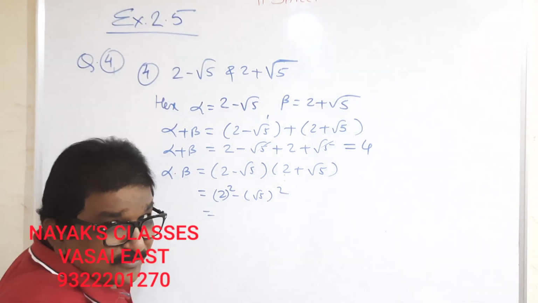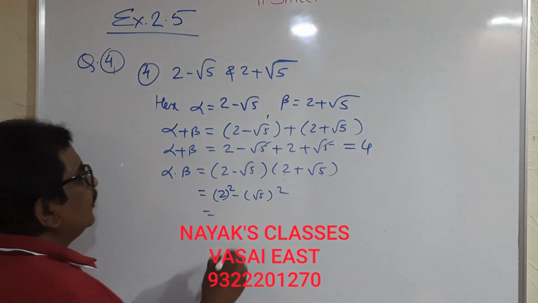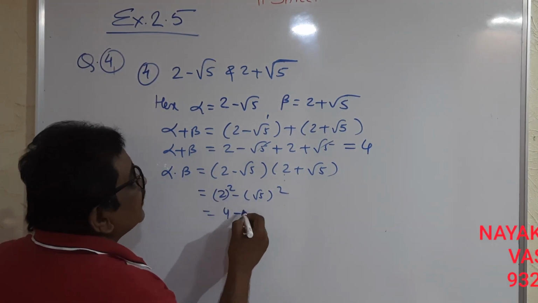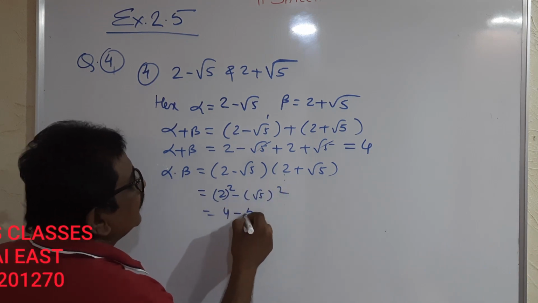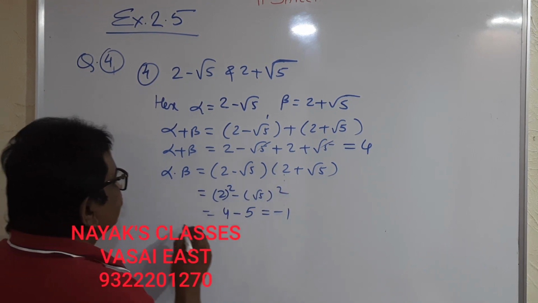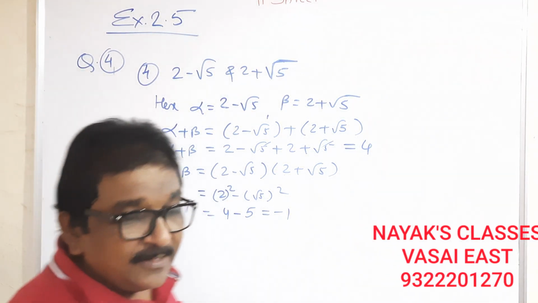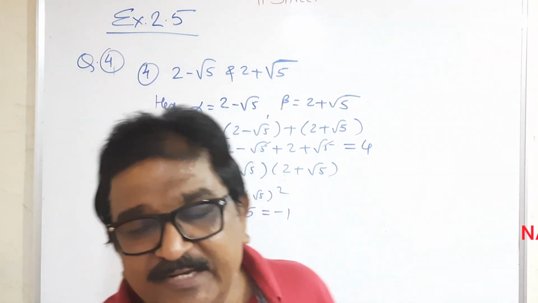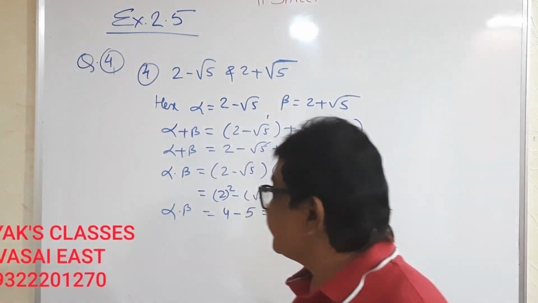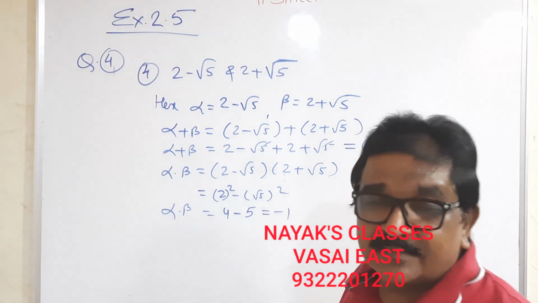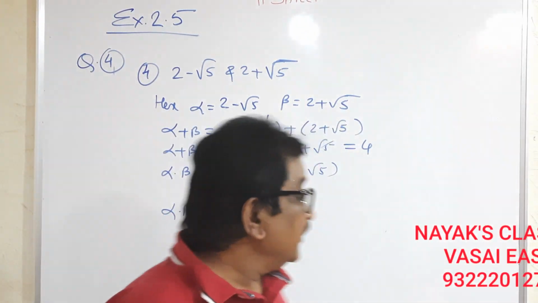A square minus b square. So 2 square is 4, minus root 5 square is 5. It is minus 1. So alpha into beta is minus 1. We got the value of alpha plus beta and alpha into beta. Remember the operations on surds and identities. The examples will be easy.